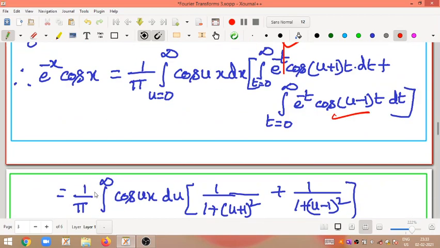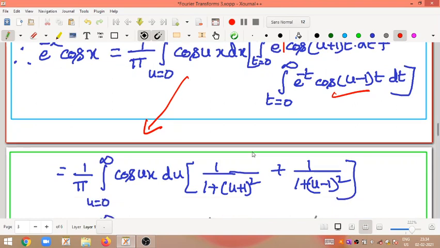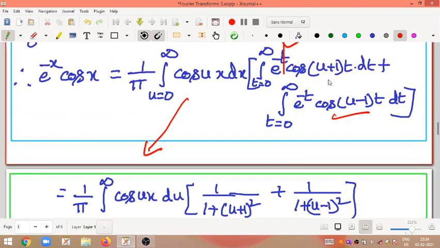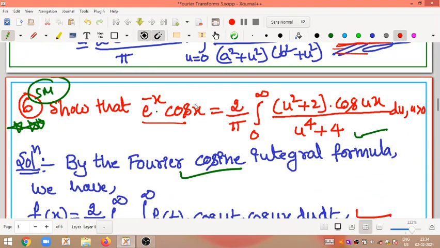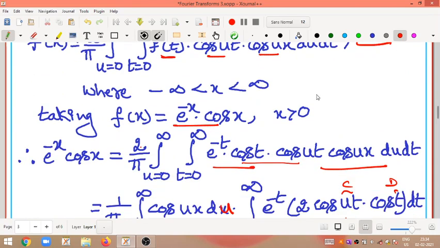So this becomes 1 by pi, this first term we are writing as it is. Second term, see here, this one value becomes 1 by 1 plus u plus 1 whole square. The formula was already derived in the previous problem.